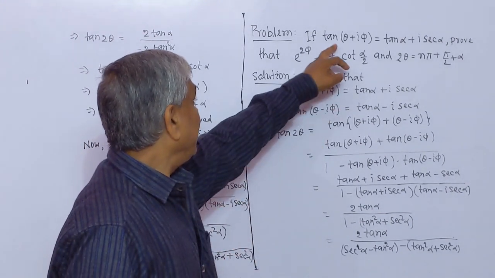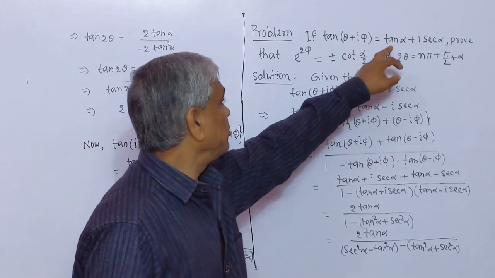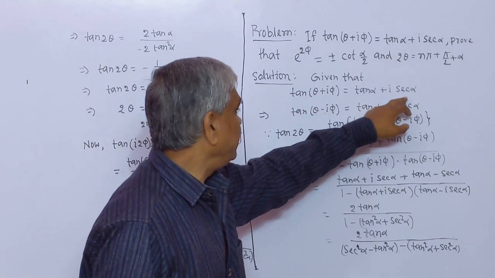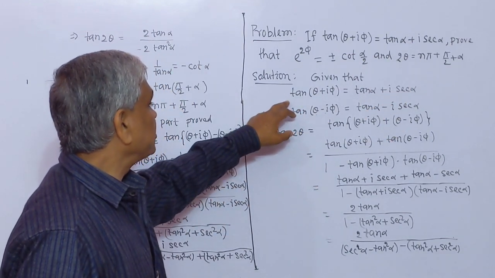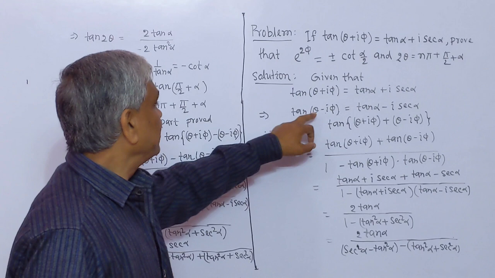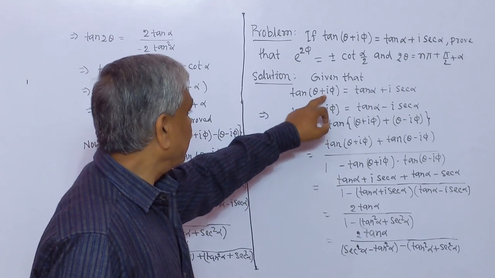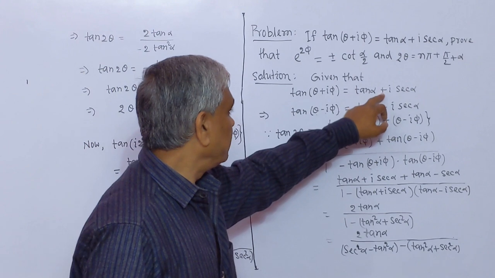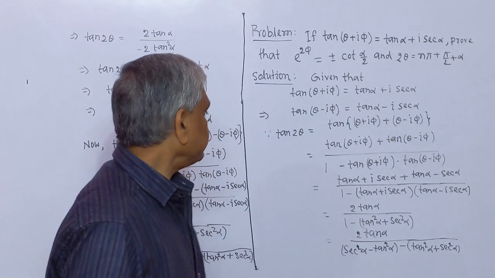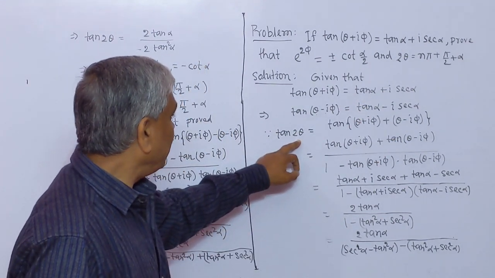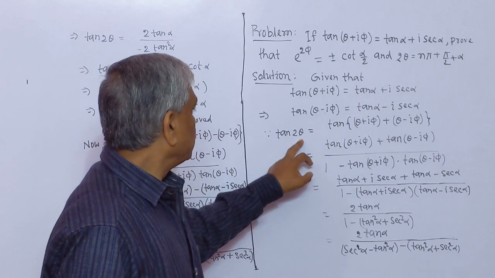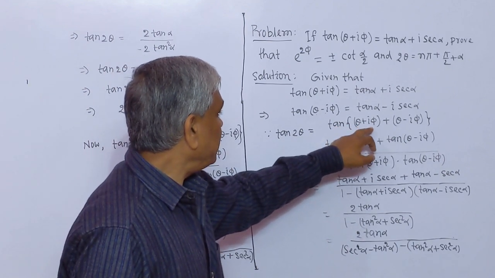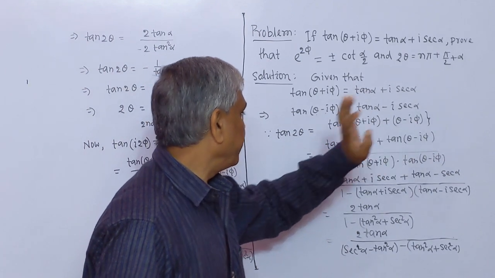Given that tan(theta + i phi) = tan alpha + i sec alpha, taking conjugate on both sides, we get tan(theta - i phi) = tan alpha - i sec alpha, with minus in place of plus. Now tan 2 theta, here 2 theta means (theta + i phi) + (theta - i phi).